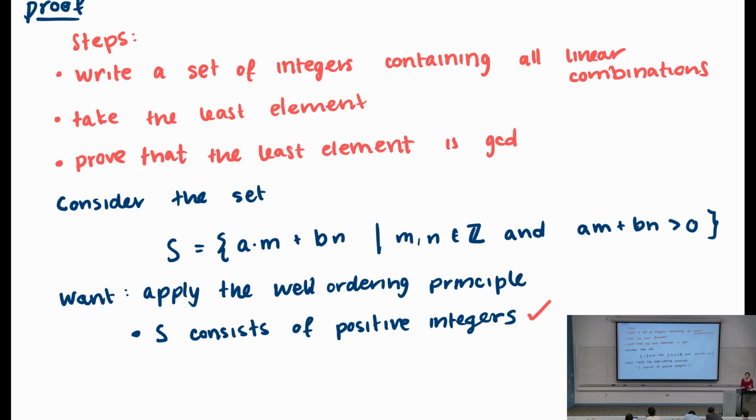What is the other thing that S has to satisfy in order for us to apply the well-ordering principle? Yeah. It has to be non-empty. Yeah, so why is S non-empty? But why is that not already satisfied by S consisting of positive integers? If S consists of positive integers, then it's not empty, right?